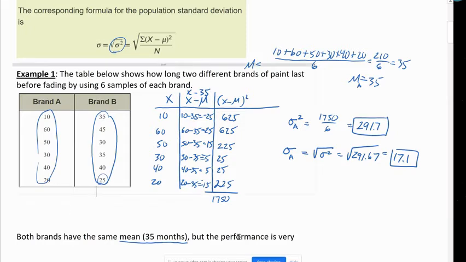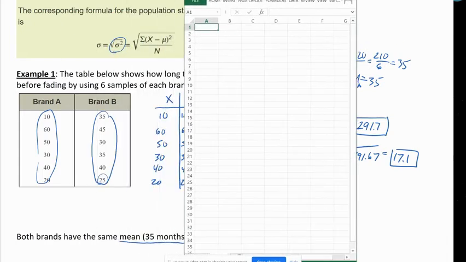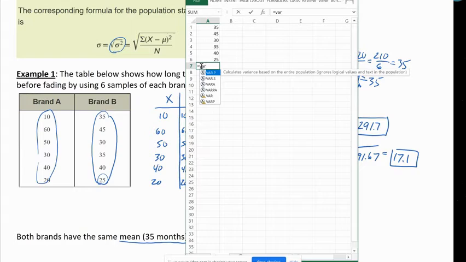Okay, so now I'll show you how you can use a spreadsheet to do this, and I'll also show how to use a graphing calculator to calculate the standard deviation and the variance. And so I'm going to type in the values 35, 45, 30, 35, 40, and 25. And so then here I'm going to say equals, I typed VAR, and it gives me 2 choices, VAR.P and VAR.S.